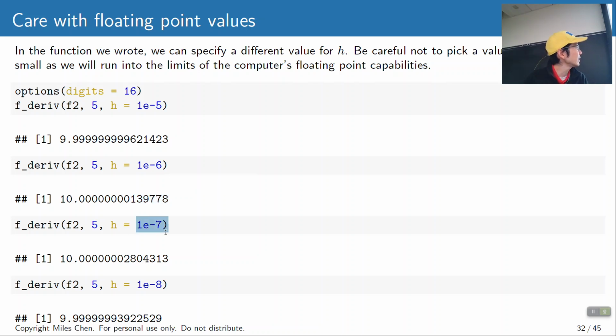But if I add 10 to the minus 7, the amount of error is actually more. This is more different from 10. The true value is 10, and it's actually even greater than this. What if h is 10 to the minus 8? The amount of error is actually bigger here than it was with 10 to the minus 5.